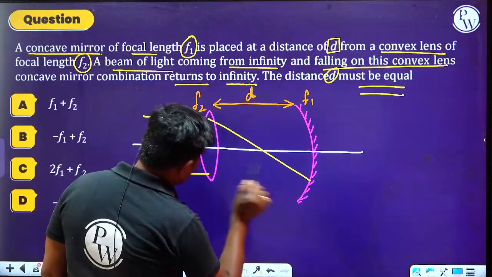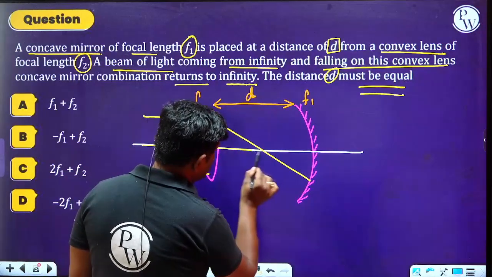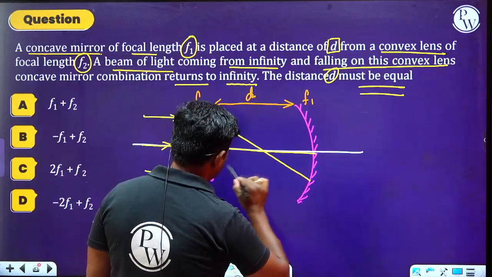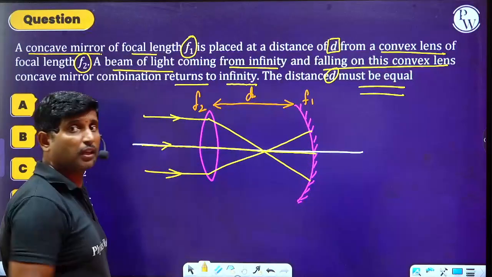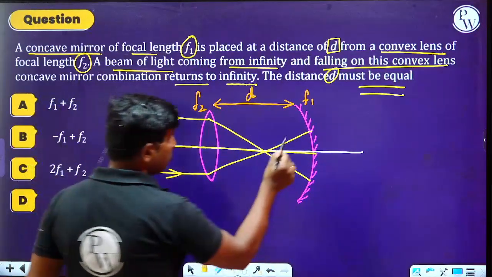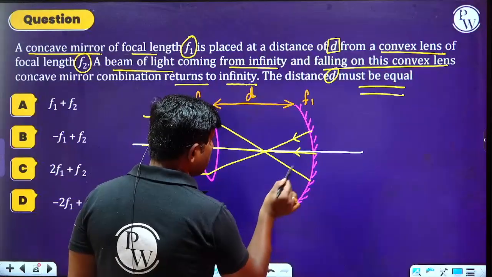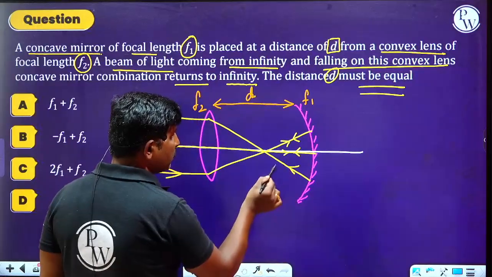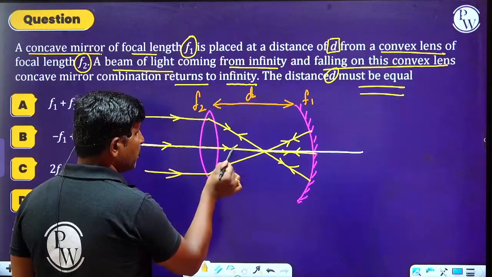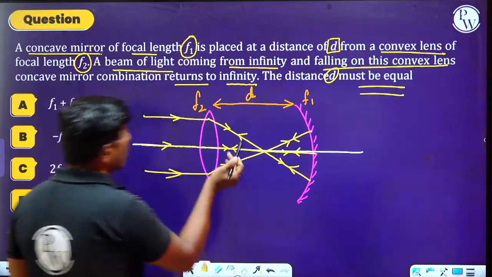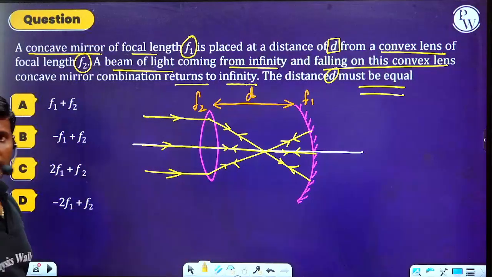And according to the question, after reflection from the mirror, it will retrace its path, and it returns to infinity.